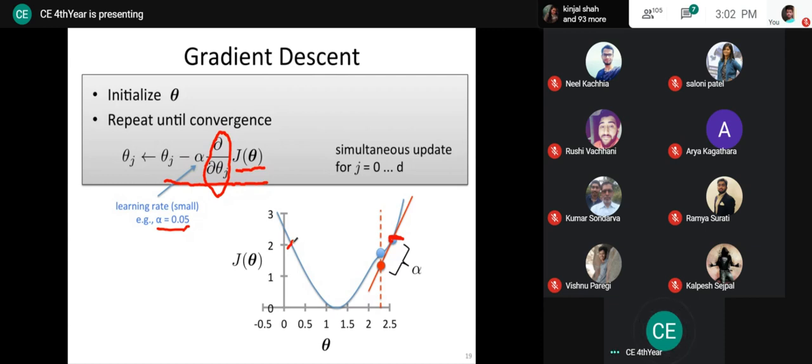From this point, the next update should be such that I reach somewhere over here. Let's say this is point number 1, or it might also be possible that I reach point number 2, or point number 3, and this is the current point C.